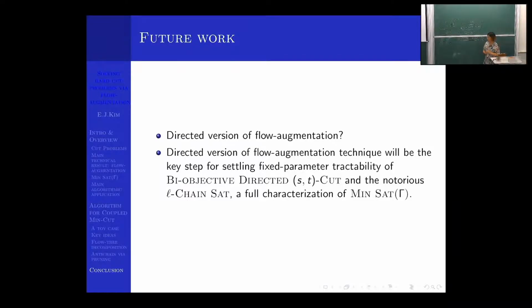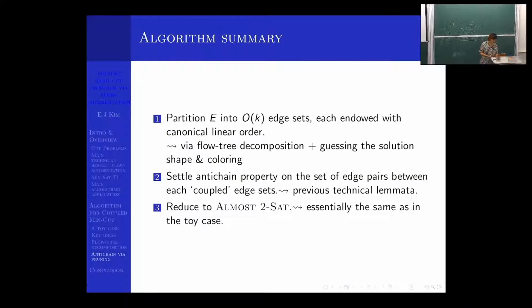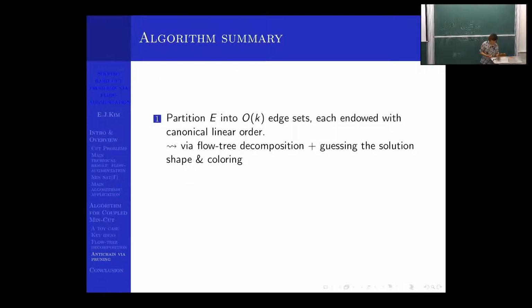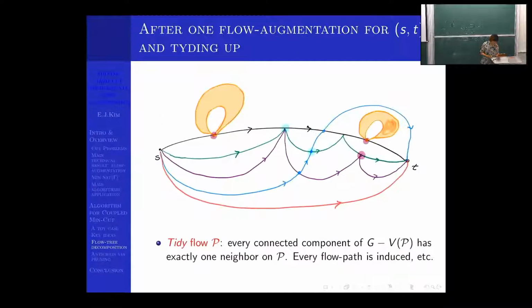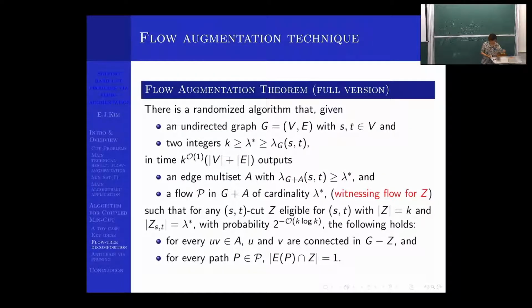Any questions? So what's the original version of the flow augmentation? Do you know? Good question. Yeah, this is it. So here we drop the condition that the ST cut should be a minimal ST cut.